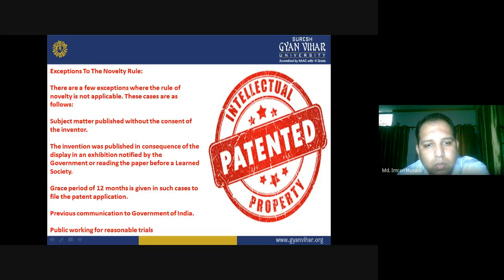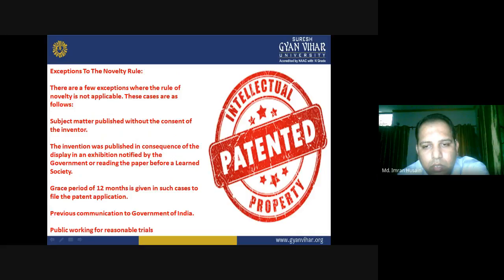The invention was published in consequence of display in an exhibition notified by the government, or reading a paper before a learned society. Then it is not a novel thing. It has already fallen into the public domain. A grace period of 12 months is given in such cases to file the patent application.